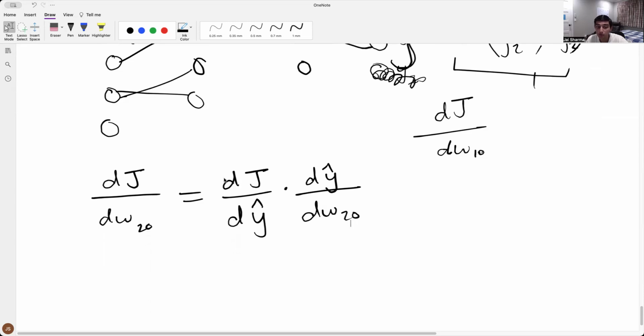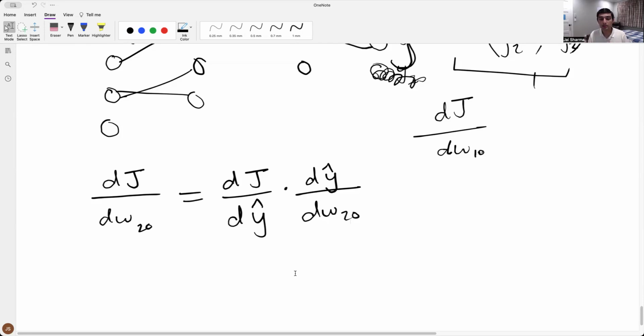To find dJ/dW20, we could just use the chain rule and split it up into problems that are easier to find, because I know how to find the derivative of the cost function with respect to any of its inputs, and I know how to find the derivative of y hat with respect to any of the weights that were used to compute it.